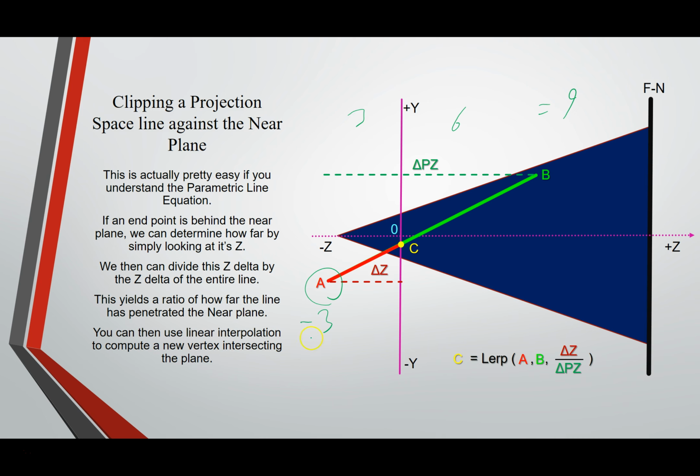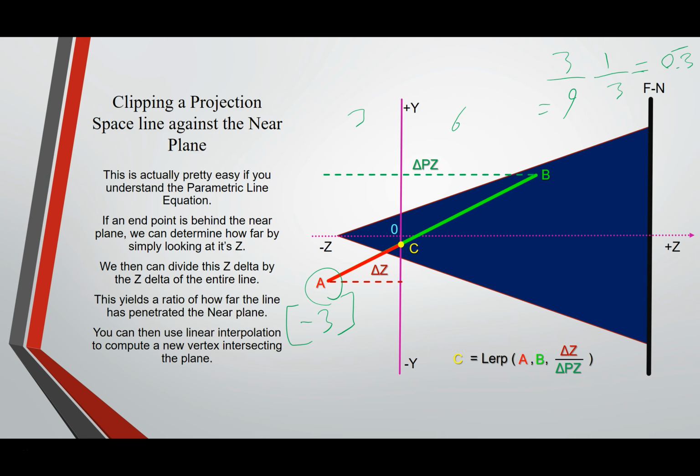And if we take the absolute value of this change and the absolute value of the difference across the entire thing, then we're going to get 3 over 9, 1/3, 0.3 repeating. So we are 0.3 repeating too far beyond the near plane.